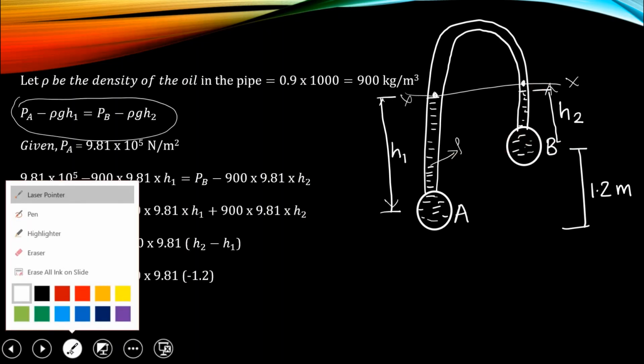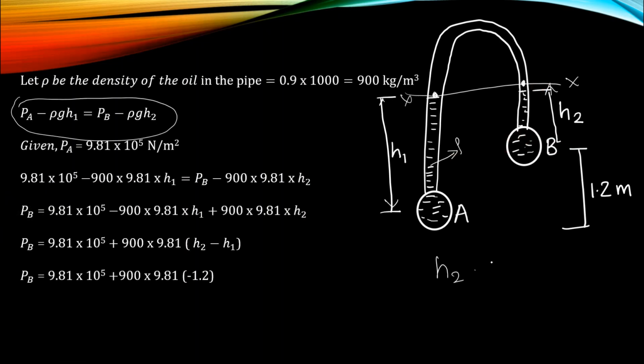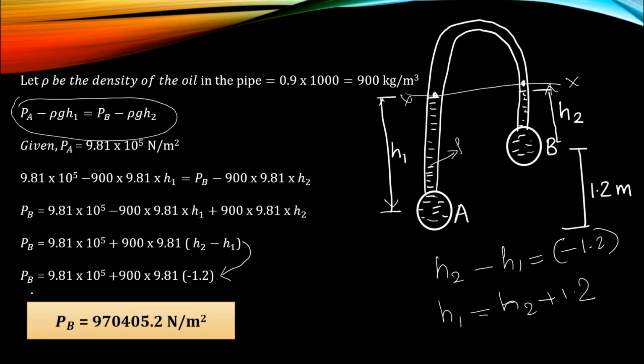From the figure we can write H1 is equal to H2 plus 1.2. So H2 minus H1 will become minus 1.2. So I am substituting this term with minus 1.2. Now I get the answer of pressure at B as 97040.52 Newton per meter square. So this is the pressure at B.